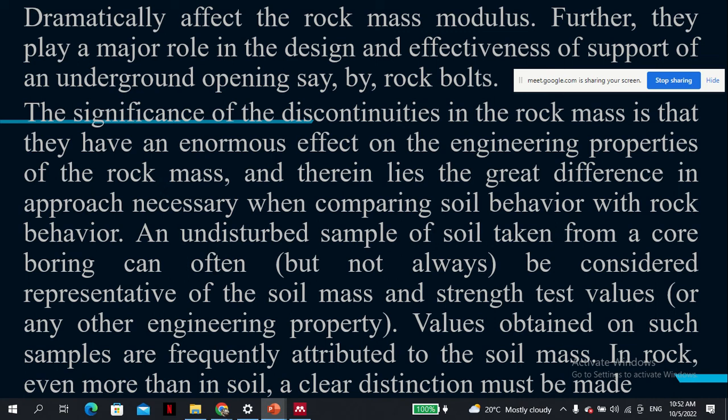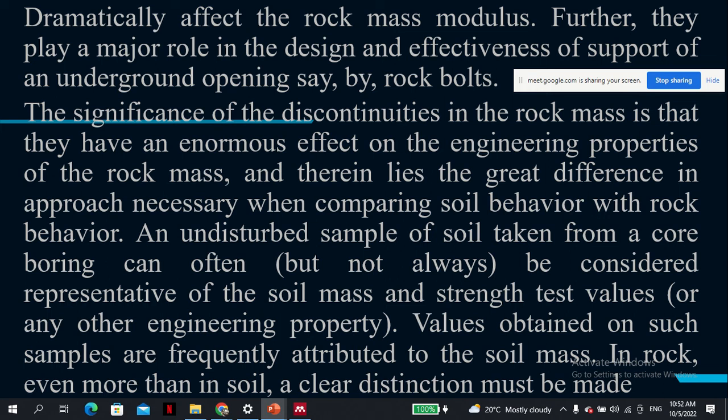An undisturbed sample of soil taken from a core boring can often, but not always, be considered representative of the soil mass and strength test values or any other engineering property. Values obtained on such samples are frequently attributed to the soil mass.